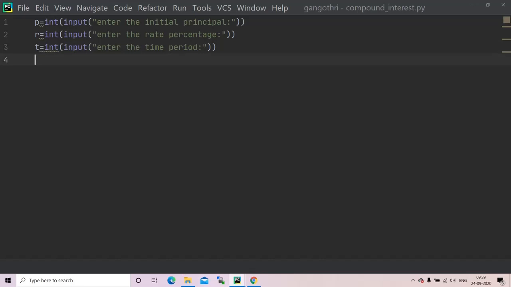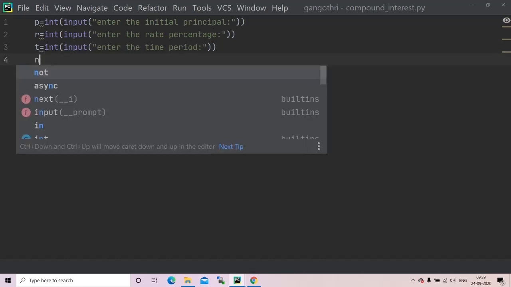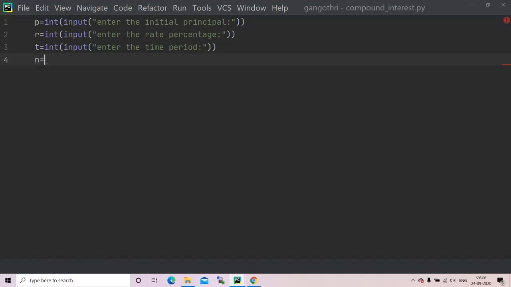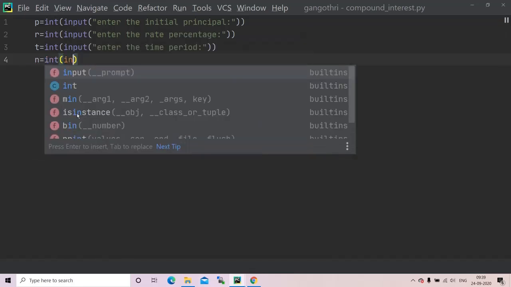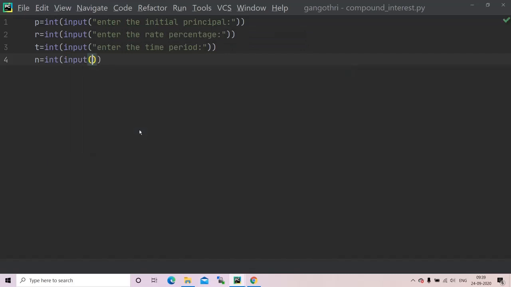And finally, let us have the number of times our interest is to be recalculated. Input. Enter the number of times to calculate the interest.